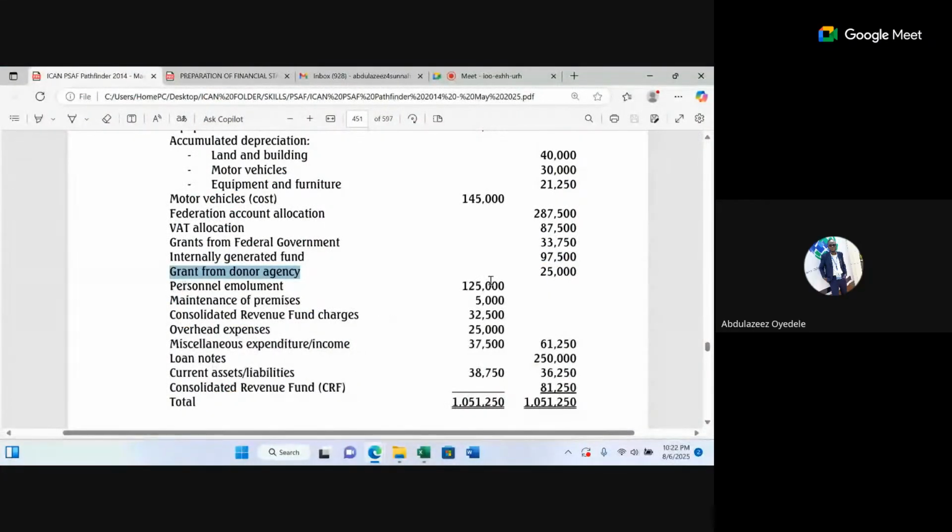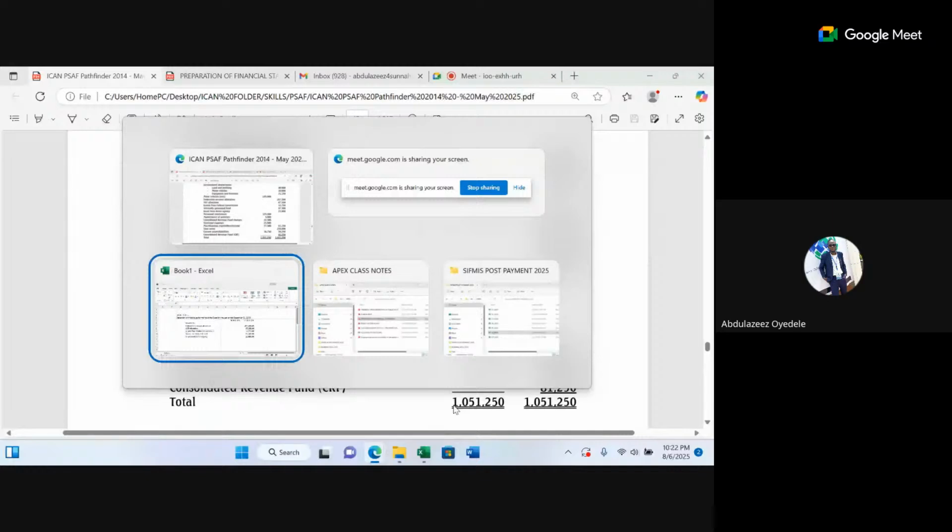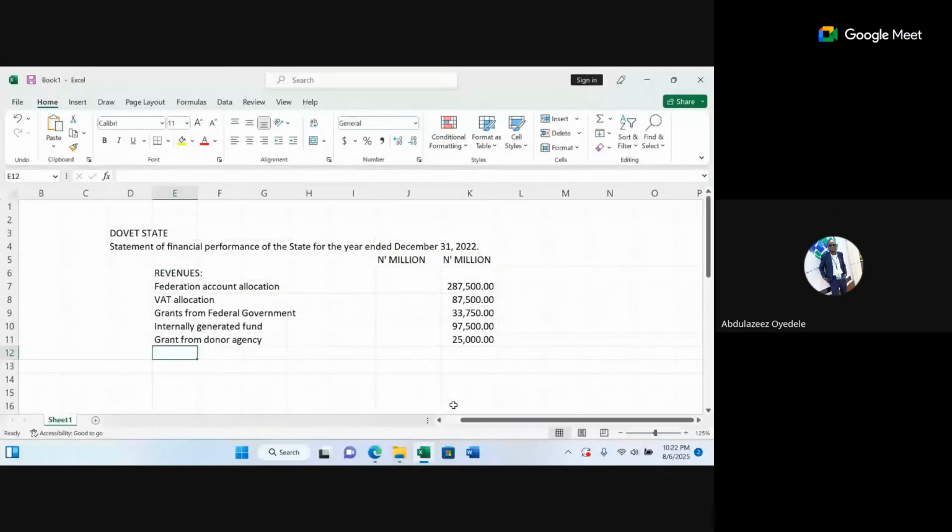Okay. Now, we also said there is miscellaneous income, which is 61,250.